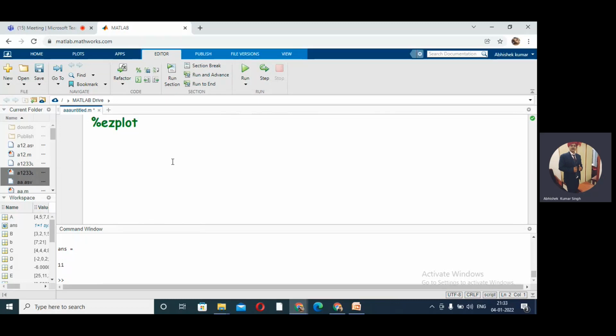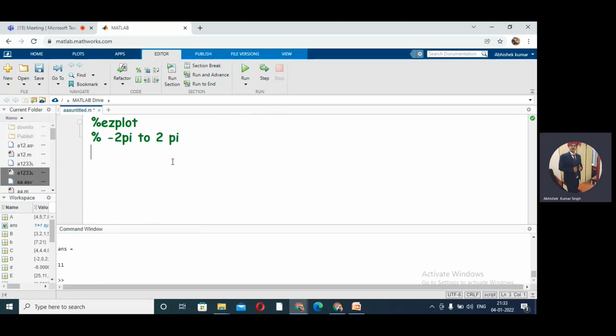It will take by default the domain minus 2 pi to plus 2 pi. Fine. And EZ plot also automatically adds the title and axis label to the plot. Let us see.